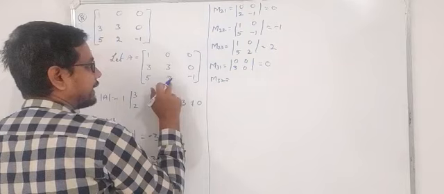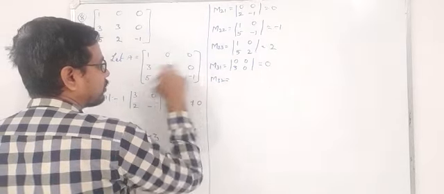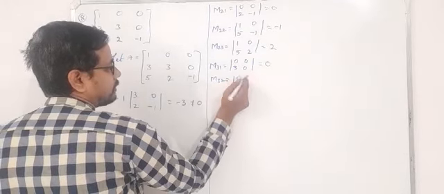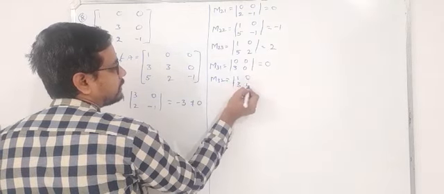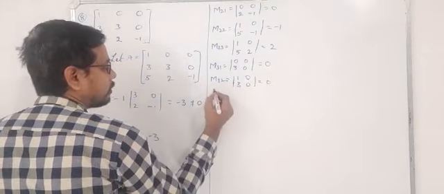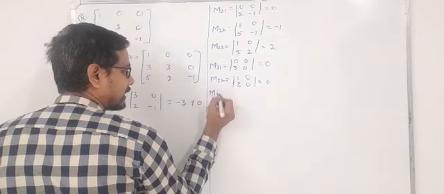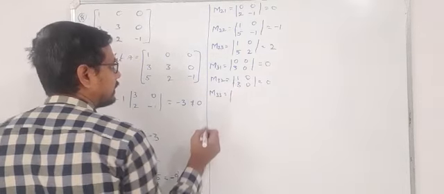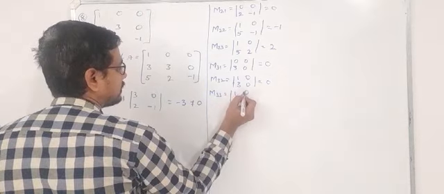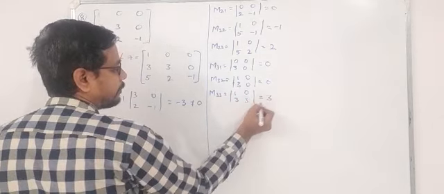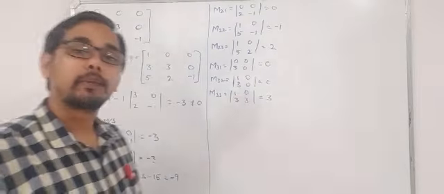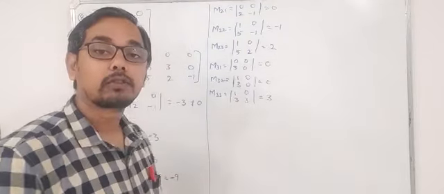M32, minor of A32, leaving this row and this column, 1 0, 3 0. So this also will be 0. M33 is 1 0, 3 3. So this will be 1 into 3 is 3, minus 3 into 0 is 0. So 3 minus 0 will be 3. So these are all the minors.